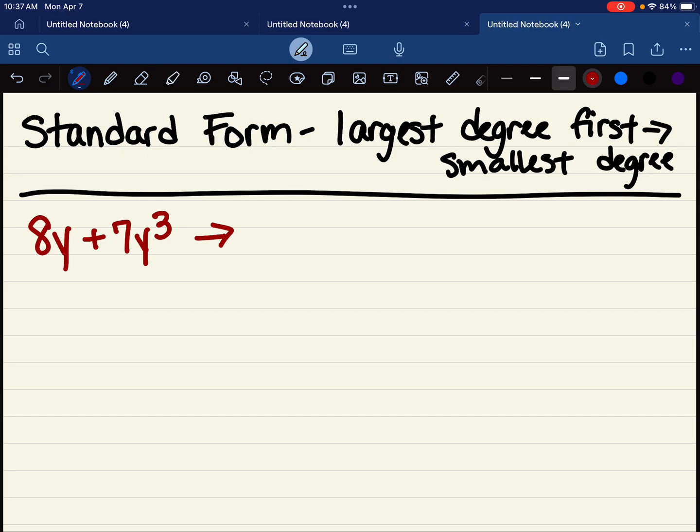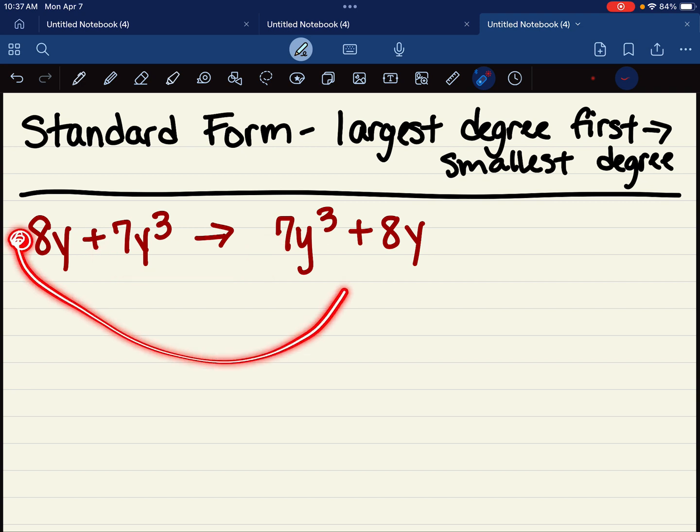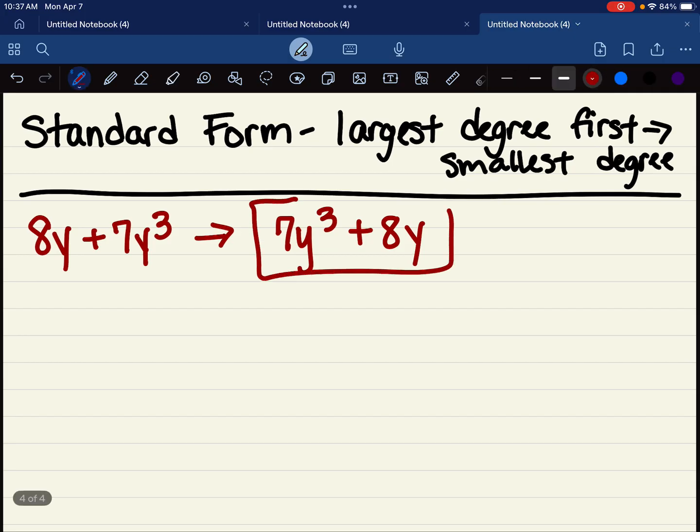Okay, so then I write 7y cubed first, and then what would I put after it? Plus 8y. How do I know it's plus 8y and not minus 8y? Really, this plus sign goes with which number, the 7 or the 8? It goes with the 7, so the 7 stayed positive. What type of number is 8? Positive, so that's why it's a plus sign here. Remember, we always look in front of the number to know what sign it has. Okay, so I've written it in standard form.